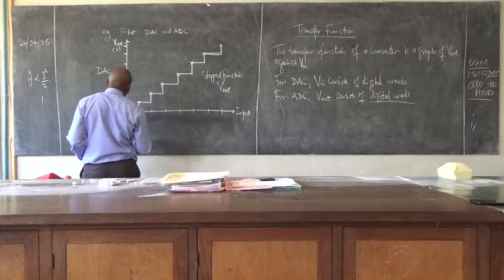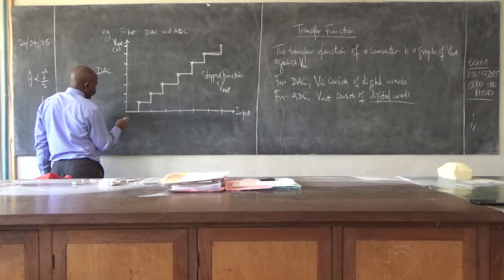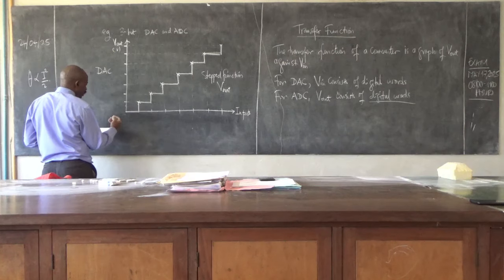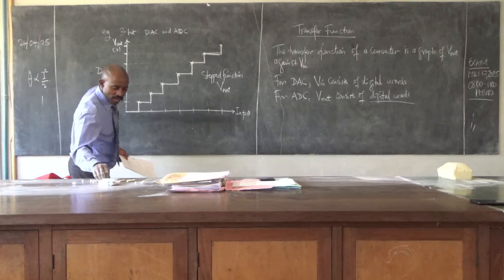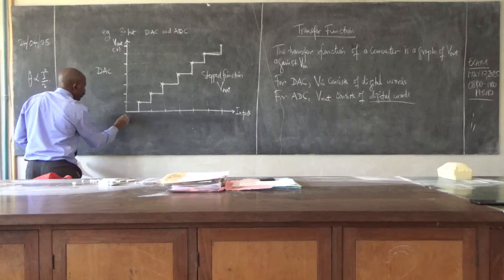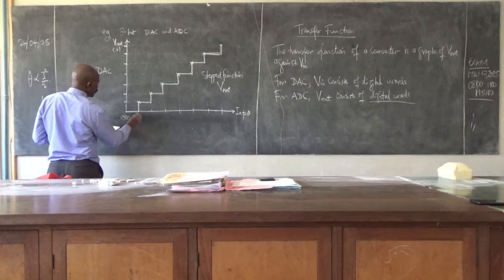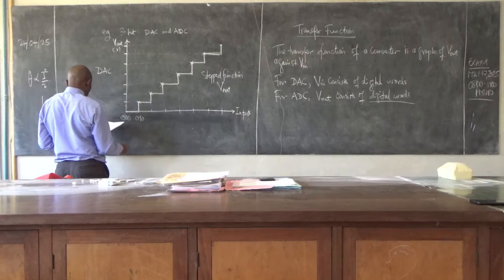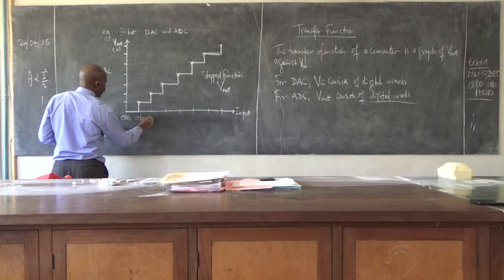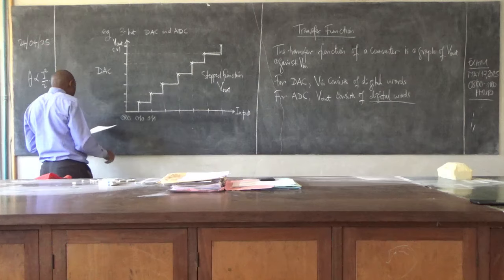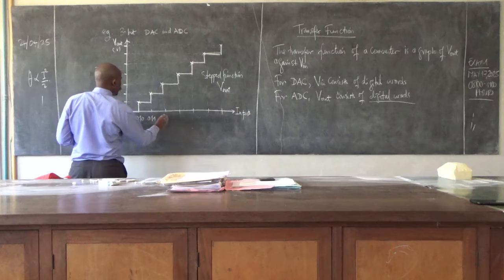So it's supposed to be 0, 0, 0. Yes, so it's 3 zeros, and then the other one would be 0, 1, 0. Then the other one would be 0, 1, 1. Then 1, 0, 0.